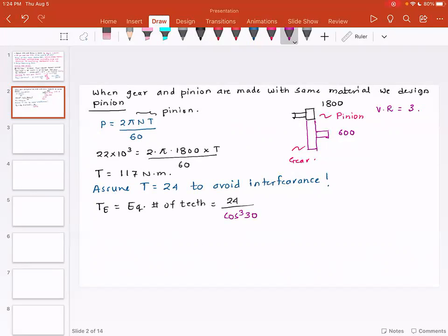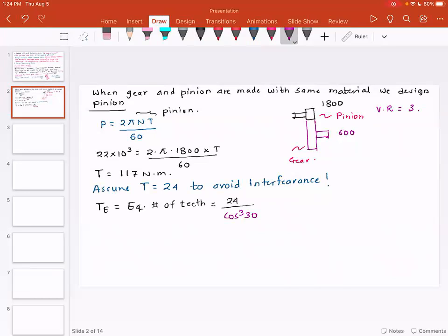Now, how do we decide the helix angle? The helix angle depends upon the amount of strength we want in the helical gear. If the helix angle is too small or too big, that won't work well from an assembly point of view.